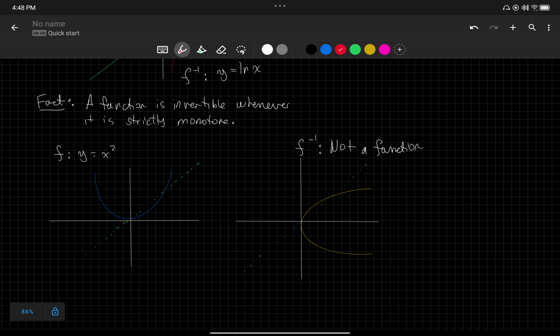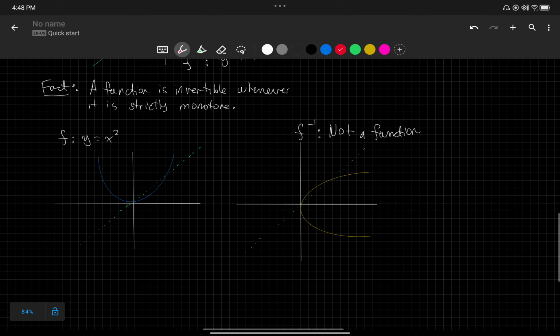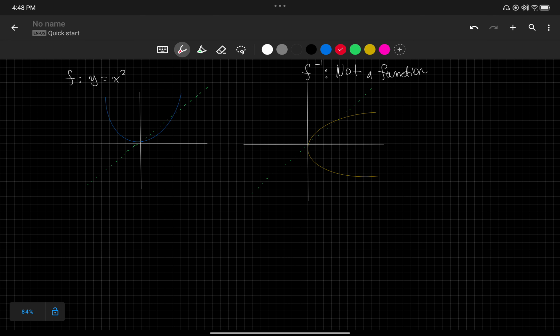So then you can think of it in terms of two conditions. If you use the pre-calculus condition, you can say that it's not one-to-one. So that's why it wouldn't work. And if we use the calculus condition, it's not strictly monotone. And it didn't work for that reason.